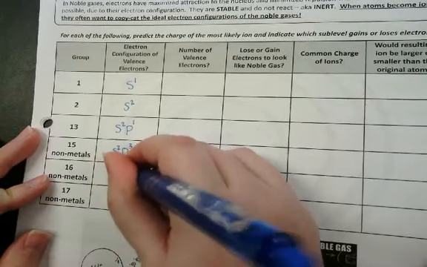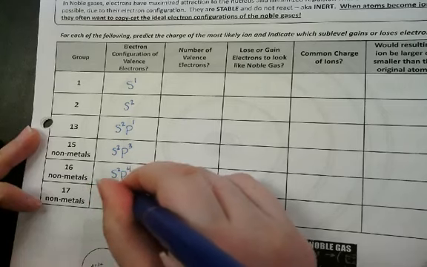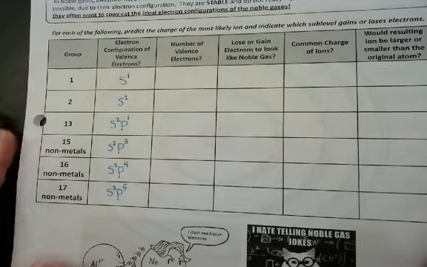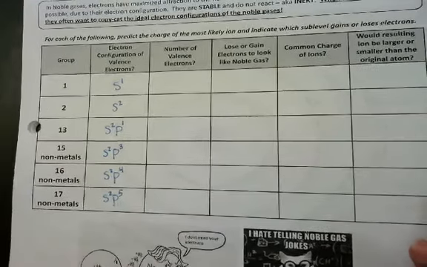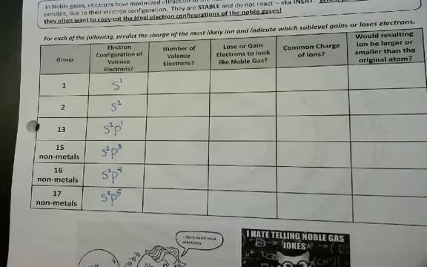S2, P4. And group 17? S2, P5. Good. We're not writing group 18 because they're not going to change. They're always going to be, they don't want to lose or gain any electrons.